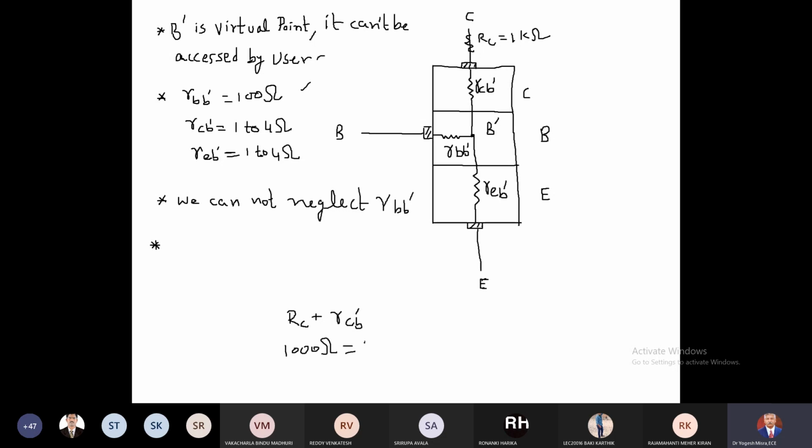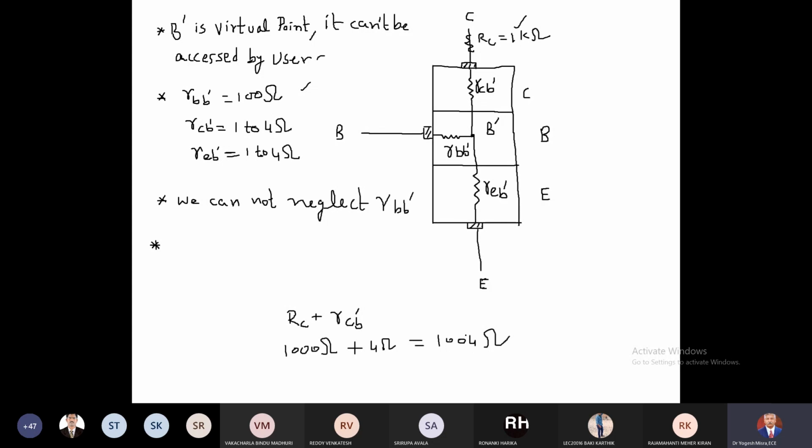Suppose it is in the range of 1 to 4 ohms. Let us say it is 4 ohm. So the effective resistance is 1004, right?